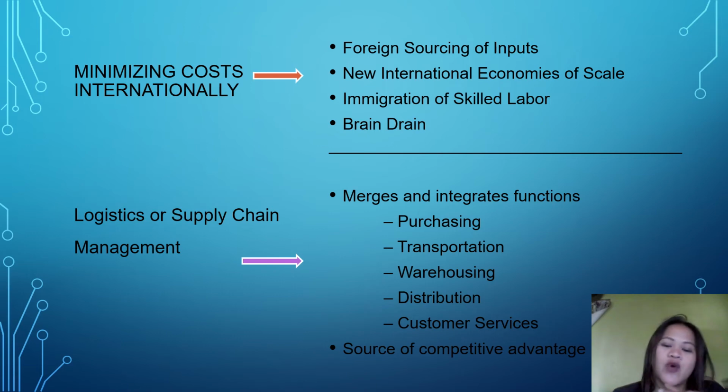And we have, of course, logistics management, which is the source of competitive advantage. Now, if you want to manage your cost minimally and do it in a good way, you have to take note of your different functions, such as purchasing, and you have to make your own competitive advantage compared to the other businesses. Okay.